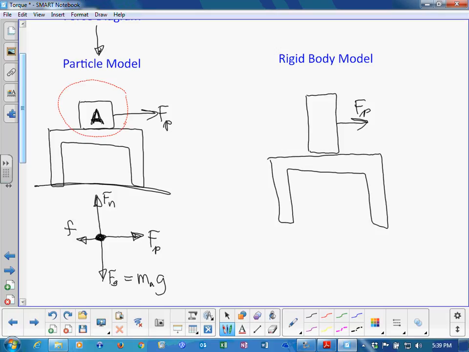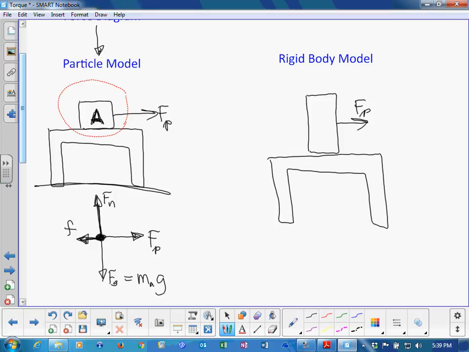When we get to the table, we put in the normal force exerted by the table and the friction force exerted by the table. The normal force is perpendicular to the surface, and the friction force is parallel to the surface. Then we look back and ask, are there any gravitational fields, any magnetic fields, and so on?